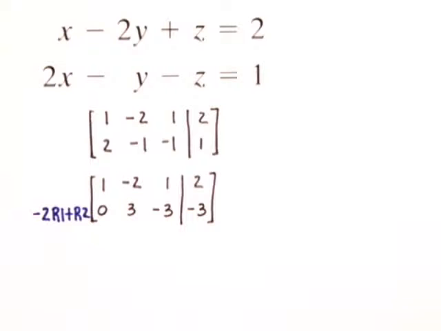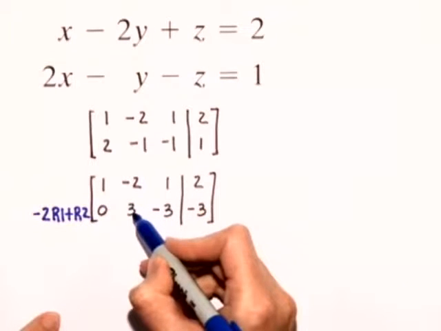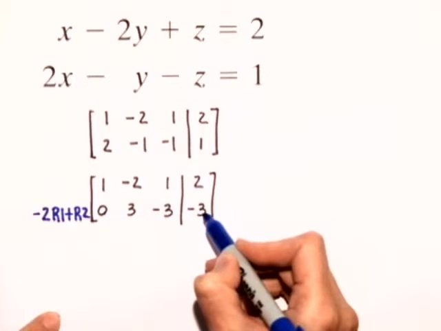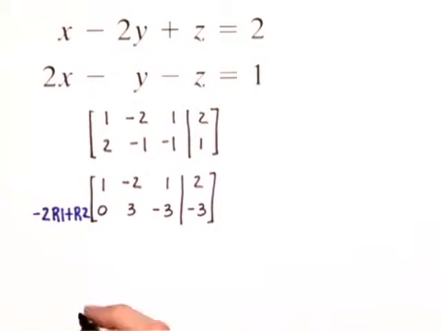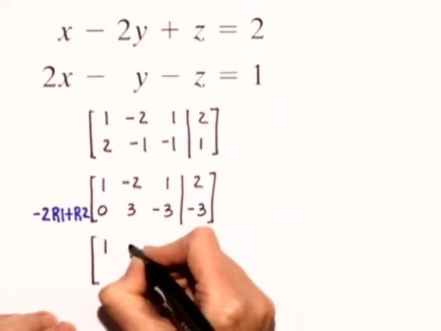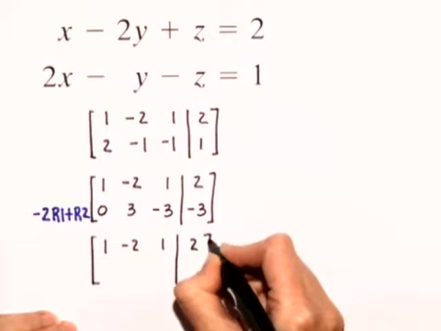Now the next step is to go along the main diagonal where I see this 3, and I want to get that element to be a 1. I can easily do that by multiplying each element in row 2 by its reciprocal 1/3. So again, I'm not going to change row number 1: 1, -2, 1, 2.